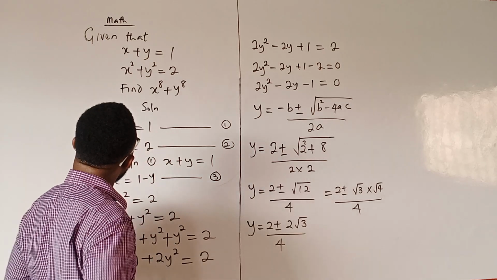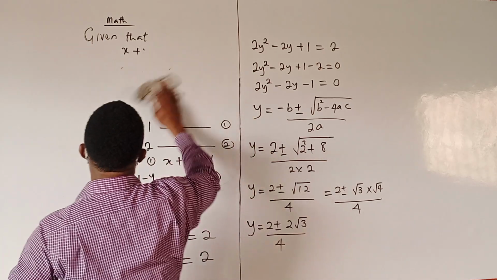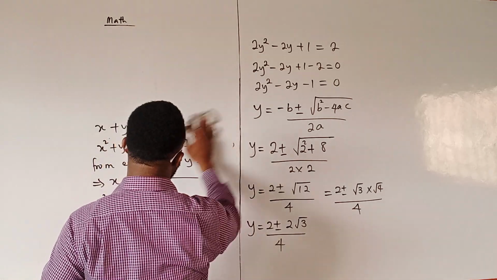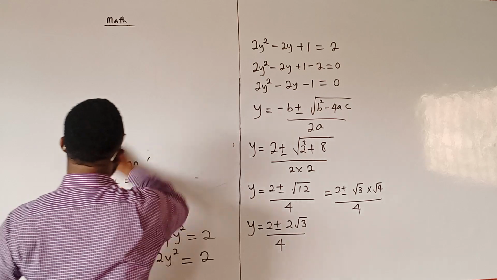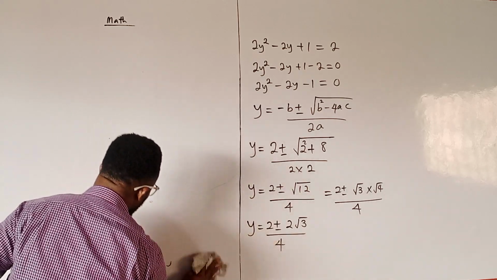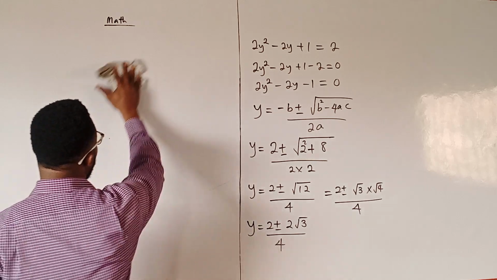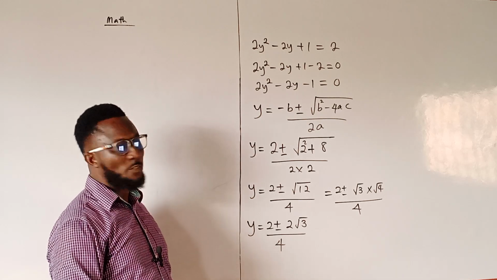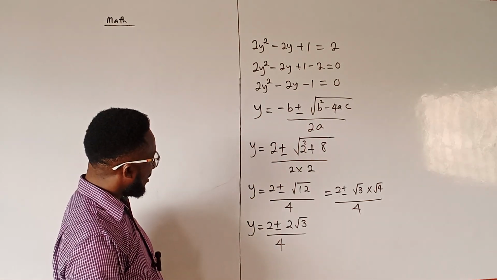I'll take this part of the board off. Now, the essence why I'm using this first method is because we are used to it. Whether this method will be feasible in solving Olympiad problems, I can't tell, but you will do that at the end of the video lesson.